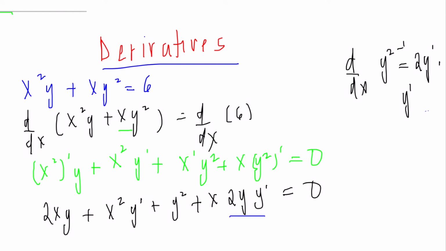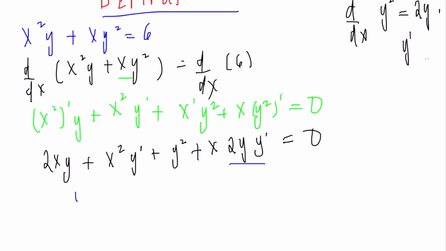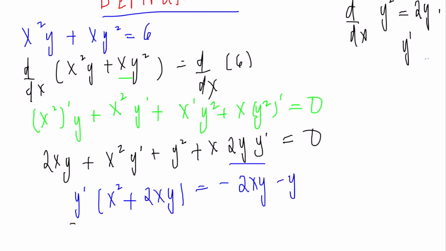So we are going to factor out the y prime. So the y prime here, we factor it out, it's going to be y prime times x squared plus 2xy. Now, whatever doesn't have y prime, we will take to the other side. It's going to be negative 2xy minus y squared.